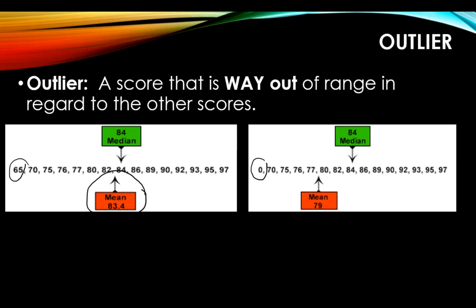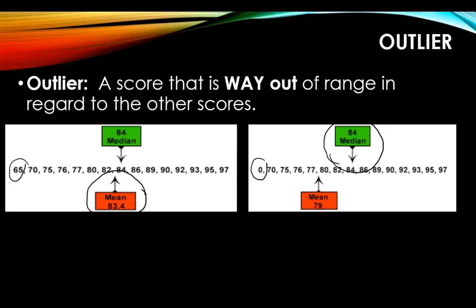In this data set, the median stayed the same, it did not change, but the mean changed, and it's 79 now. So the best representation for the center of this data set is going to be the median, because the median is not affected by the outlier, but the mean is.